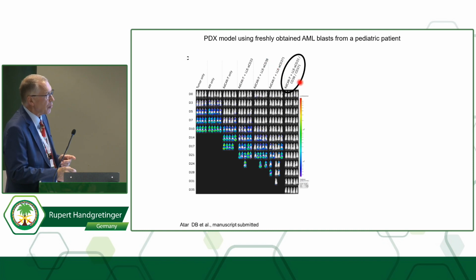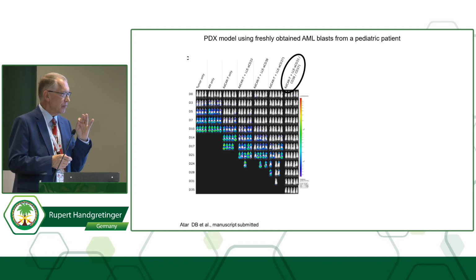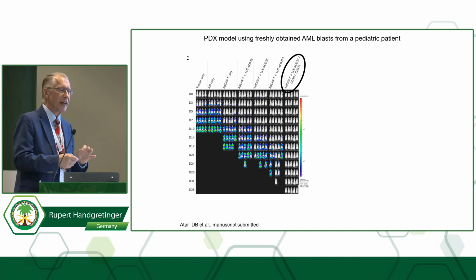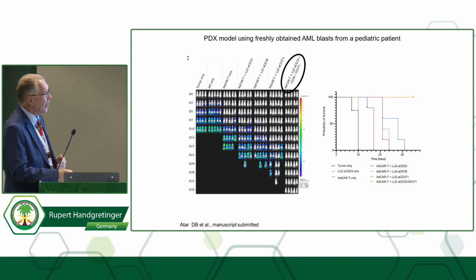If we combine all 3 together from the beginning, we can eradicate the leukemia in the mouse. So this is, I think, for the future, that we target from the front line more targets to avoid this antigen escape, as what we see in the ALL, and this is the survival.